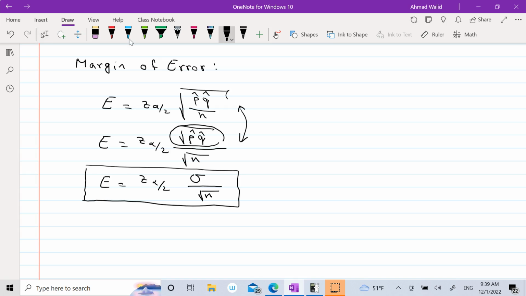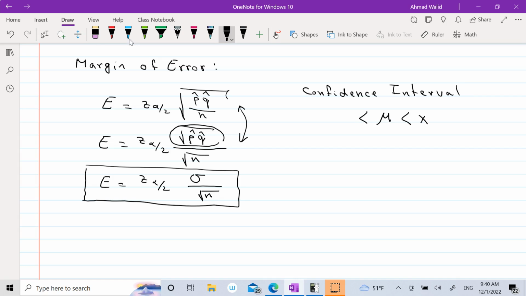Maximum difference or confidence interval. How to build the confidence interval? It's the same idea. Before you had p, now you put mu in the middle, correct? In the previous lecture it was p here.